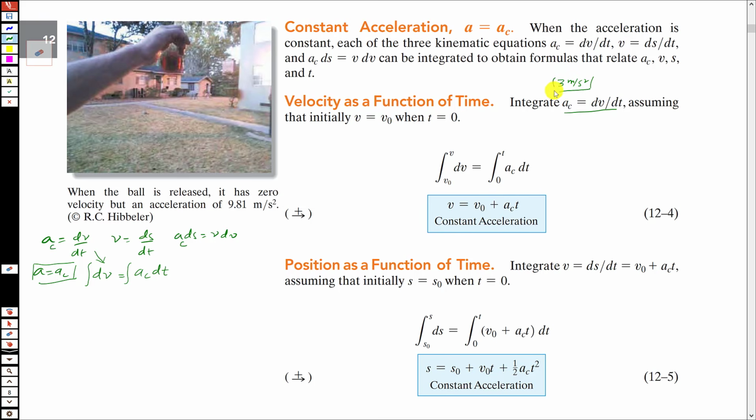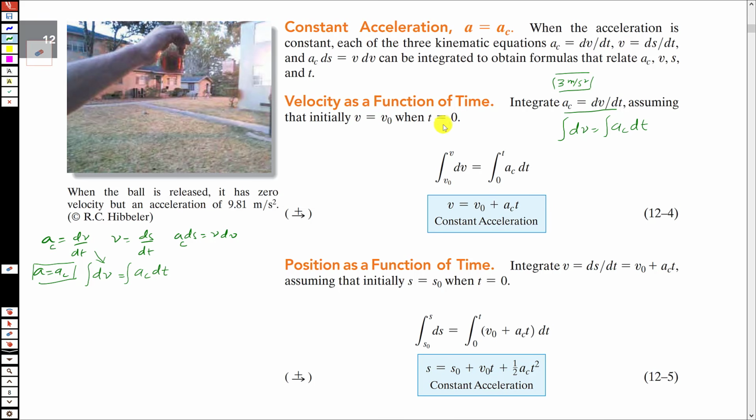If the acceleration is changing, then we would have an acceleration equation with respect to time. So for constant acceleration, we write dv equal to ac dt, and then we integrate.